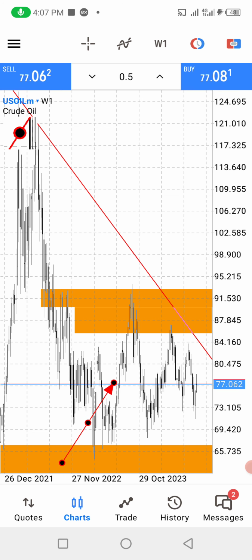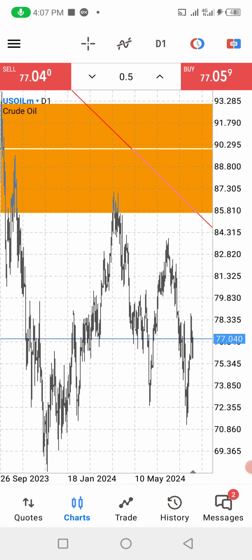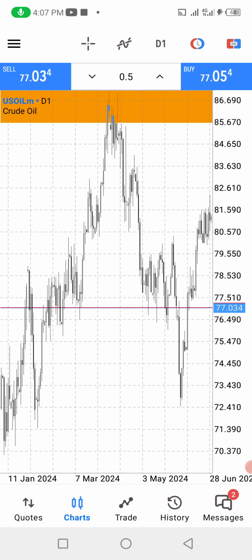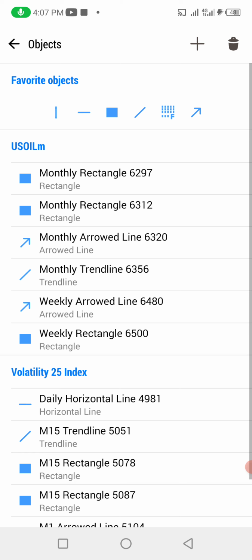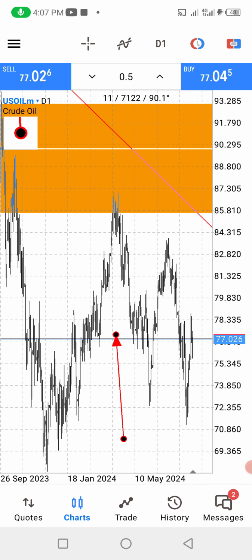Okay, you can see that the support is also there. The support provides buy signals. You can see it. Now let's step down to the daily time frame. In the daily time frame, you will see how it is when a signal is produced, like the signal from the support and the signal from the resistance, you will see how they flow. So this is a resistance.